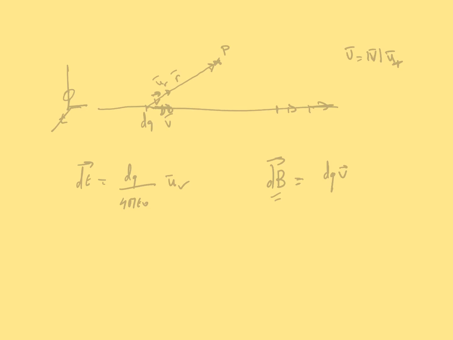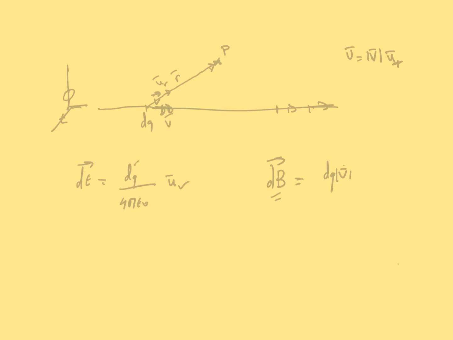So let's put only the magnitude of v. Let me take the vector out. So dq by the magnitude of v, okay?